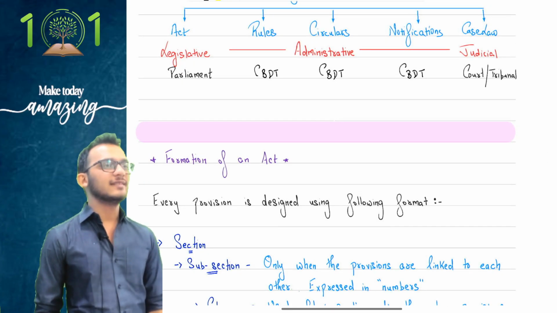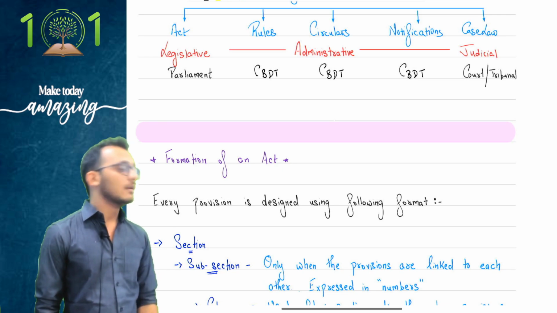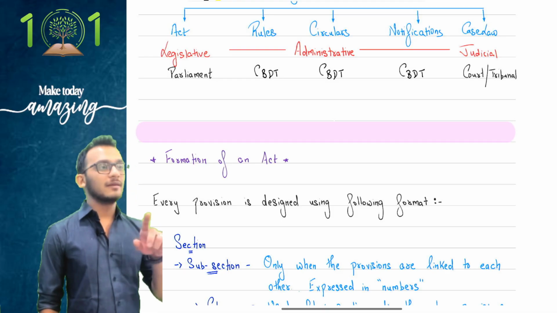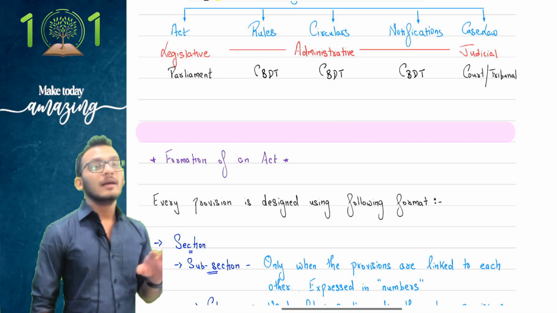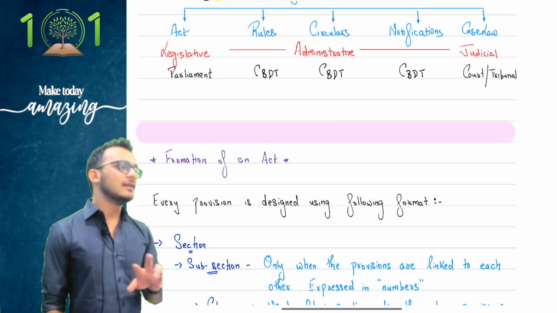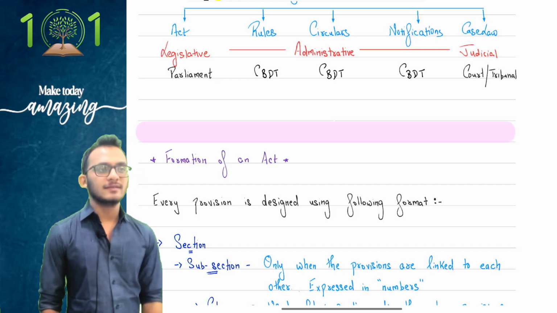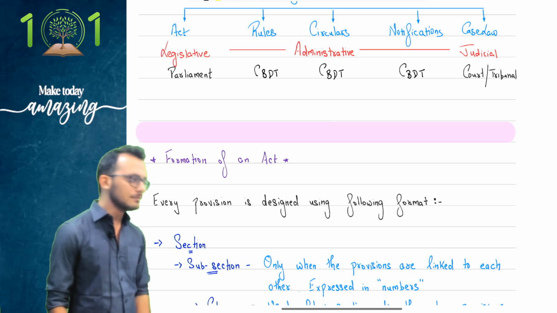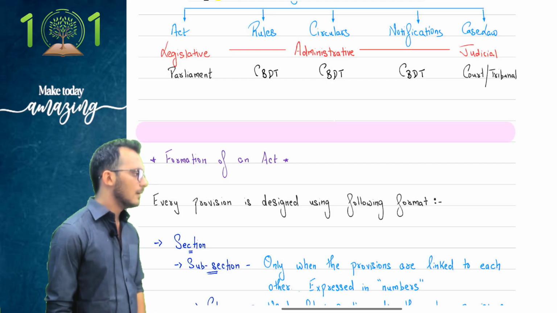People, does subsection always happen? Do you always start with subsection? No. Sometimes you may start with clause also. The rule is they should be related to each other. If they're related to each other, then it is subsection.